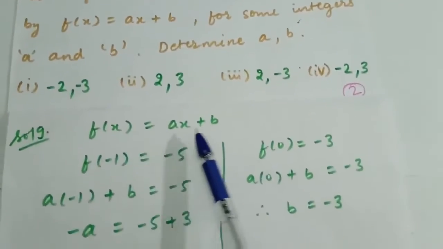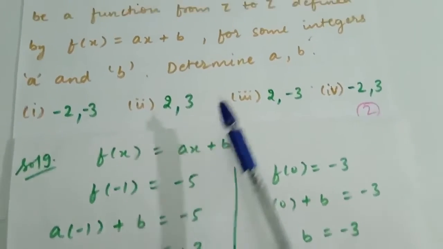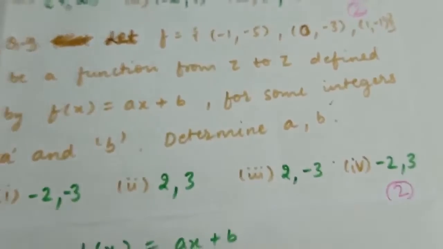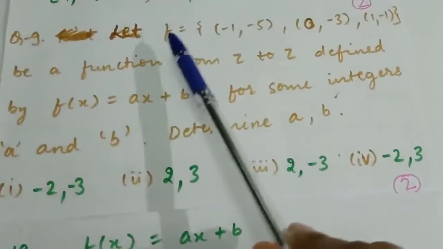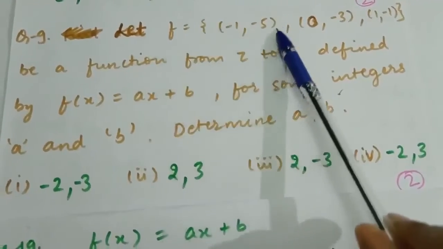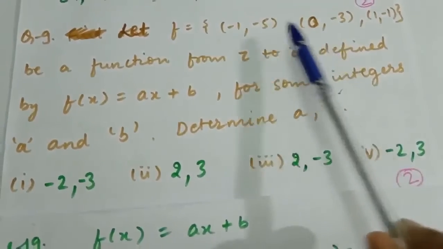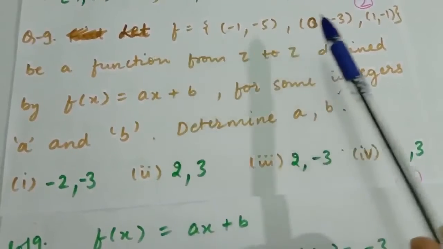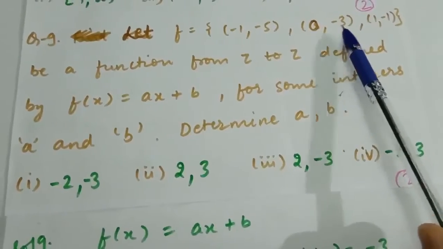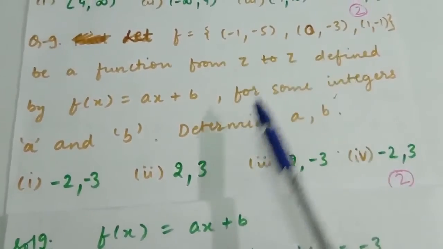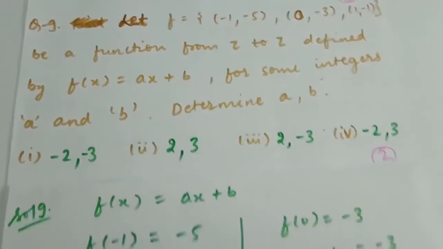So f(x) is equal to ax plus b. Also we know ordered pair means here that when we put the first element in f, then we will get the answer as the second element. When you put 0 in the function, then you will get the value of the function as -3. So we will be using these first two ordered pairs to find the values of a and b.